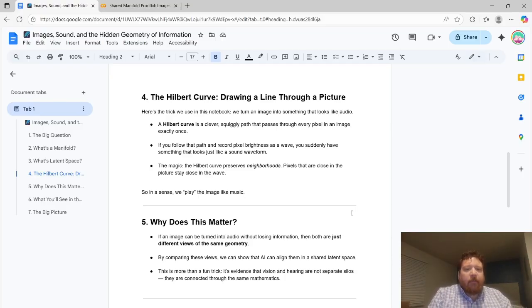If you follow that path and record pixel brightness as a wave, you suddenly have something that looks just like a sound waveform. The magic is that the Hilbert curve preserves neighborhoods. Pixels that are close in the picture stay close in the wave. So in a sense, we play the image like music.